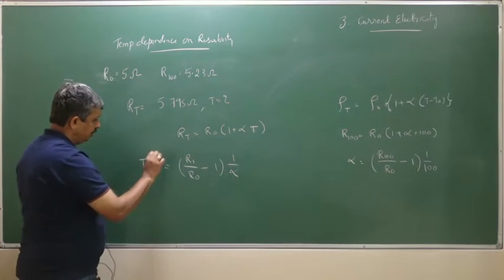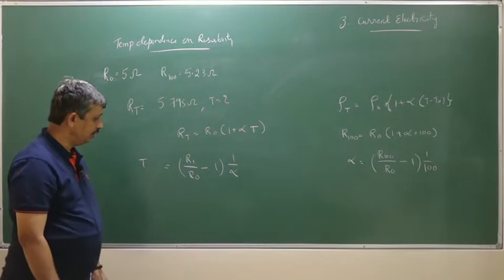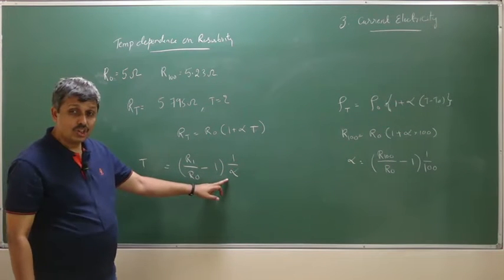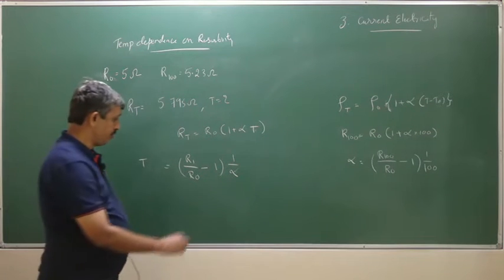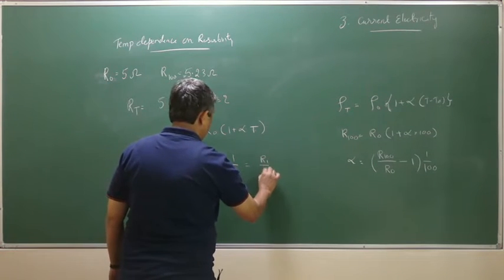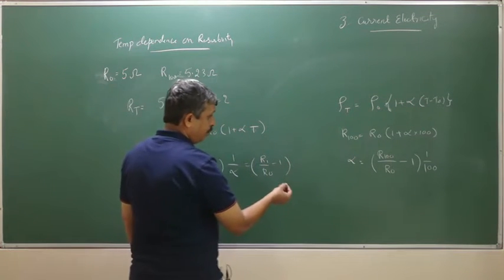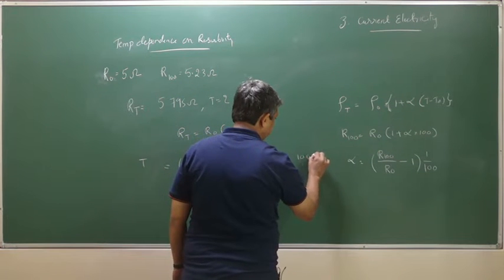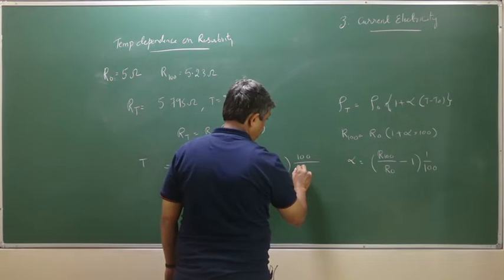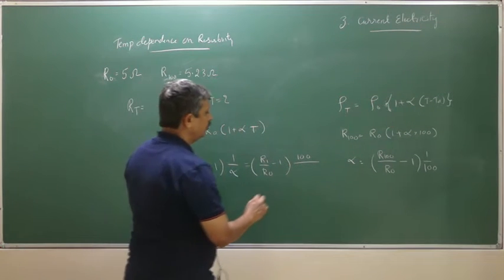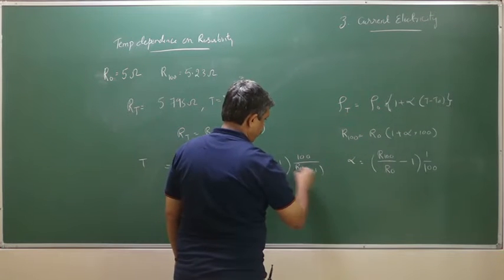This is our T. Alpha is known to us through that formula. So, I will substitute alpha here, where 1 by alpha is 100 divided by (R100 by R naught minus 1).